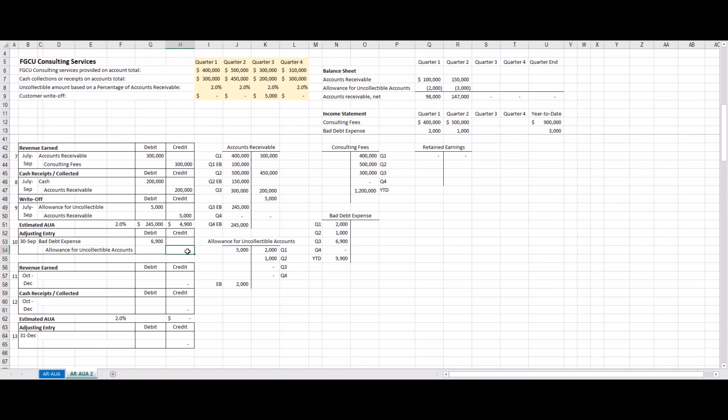The balance in the allowance for uncollectible accounts after the adjusting entry always has to be equal to the 2% times the amount in accounts receivable at the end of the period. We debit bad debt expense for $6,900 and credit allowance for uncollectible accounts for $6,900.